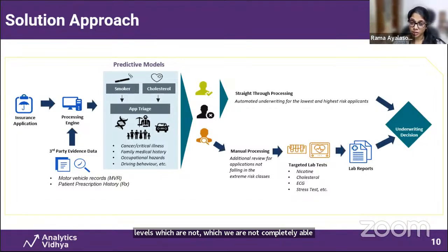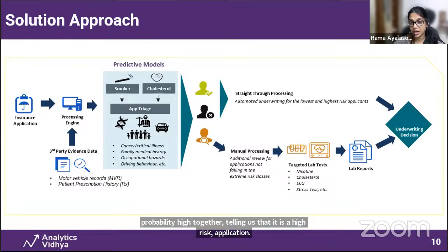So the top two ones which you see, either the top decile and the bottom decile, they go through straight-through processing. For those, either the probability is extremely high, stating that these are high-risk applicants. Probably the smoker probability is high, cholesterol probability is high, together telling us that it is a high-risk application. So things like this get straight-through rejected.